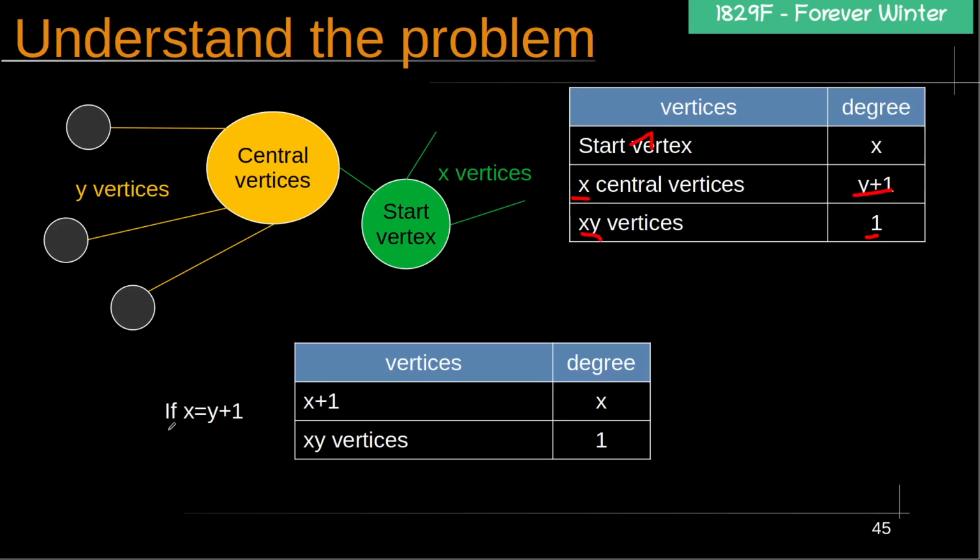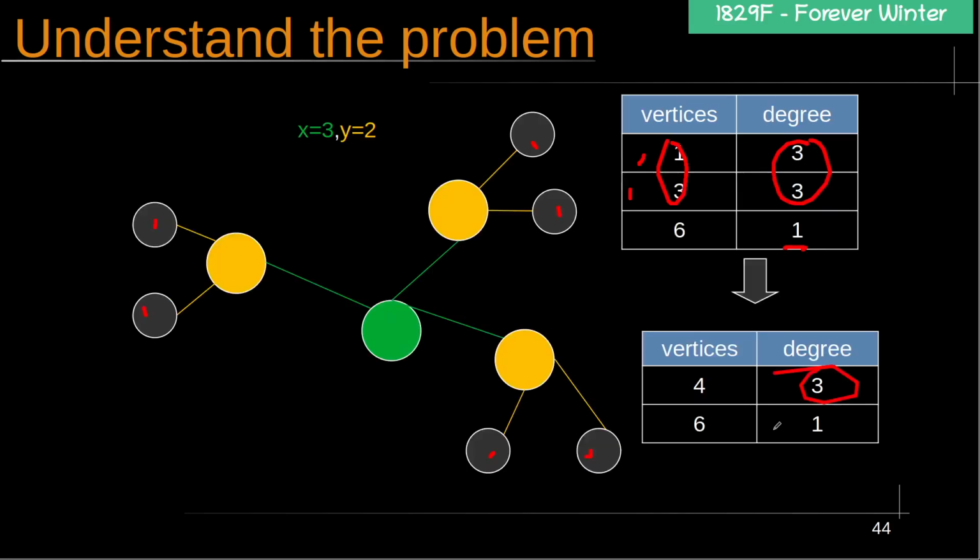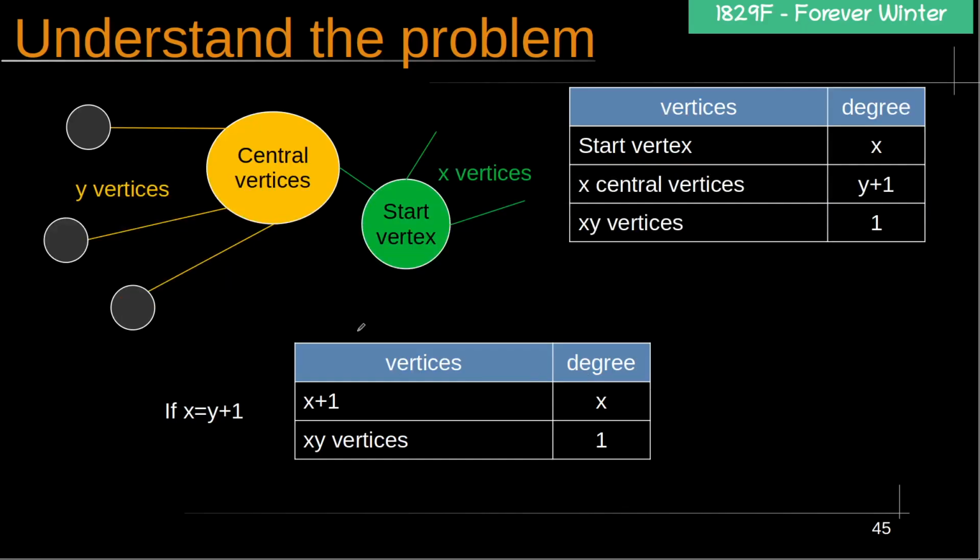We have in each case, as we have seen in the previous example, if x is equal to y plus 1. Like here, x is equal to y plus 1. Okay. So we can group them together. It's very simple to prove.